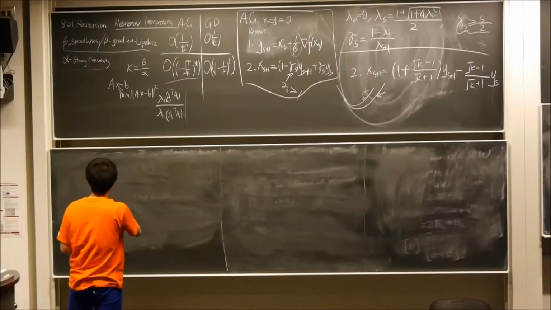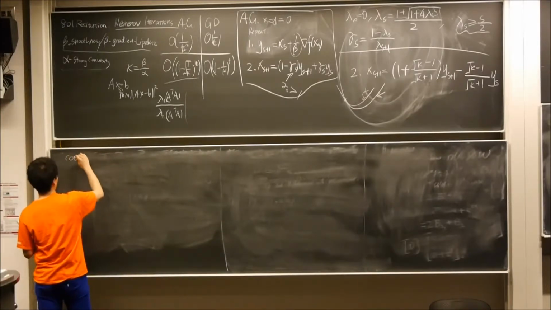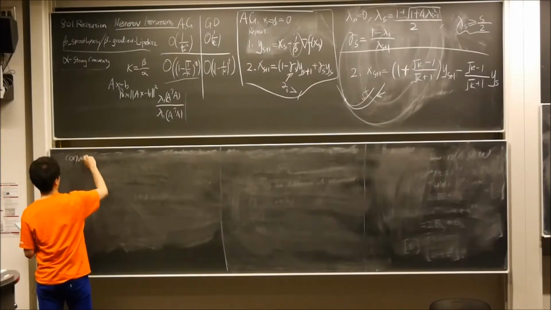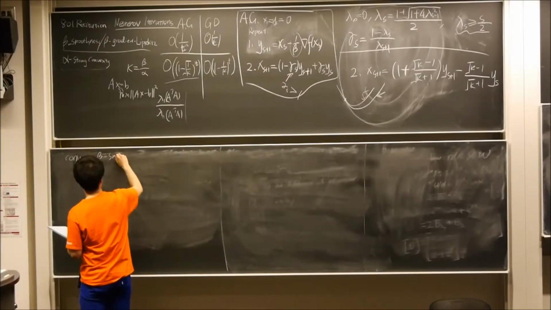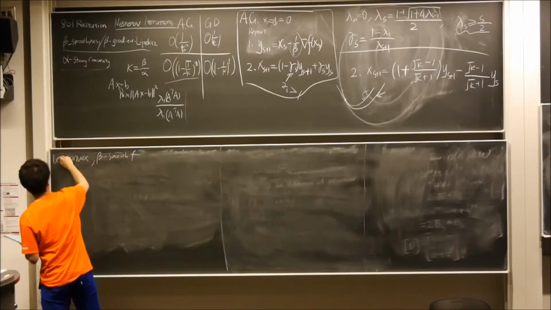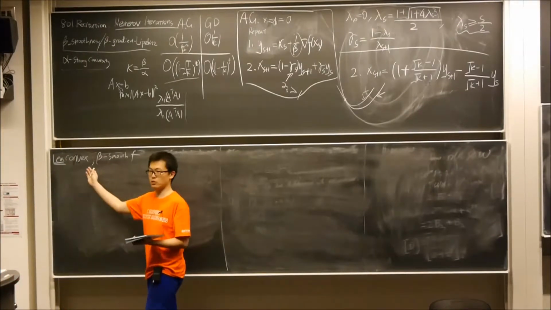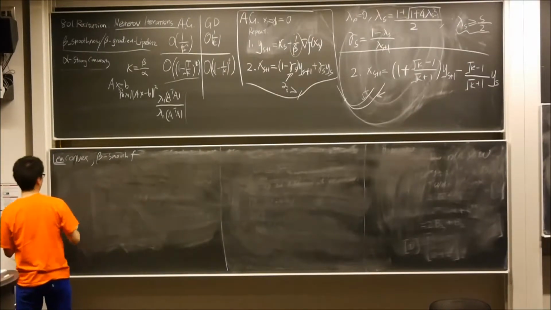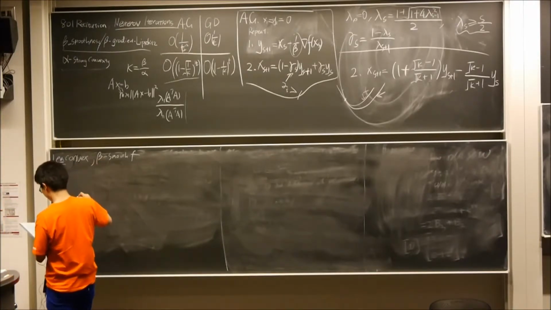So we'll use this definition for any convex and beta smooth function. Sometimes we also call this a definition because it's an if and only if condition. If the function is convex and beta smooth, then it satisfies this.